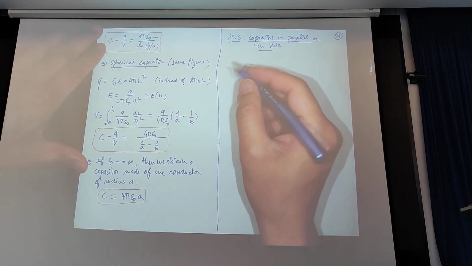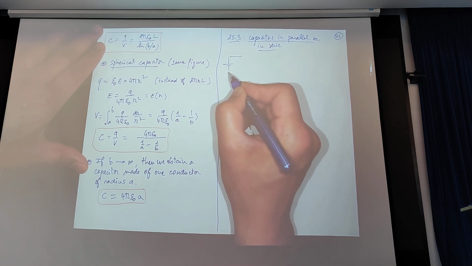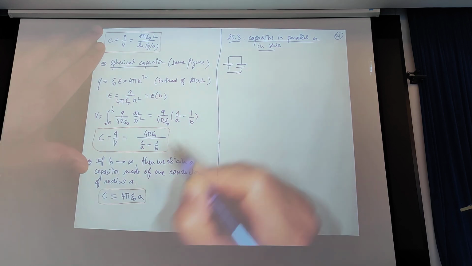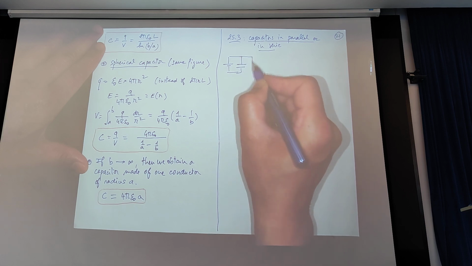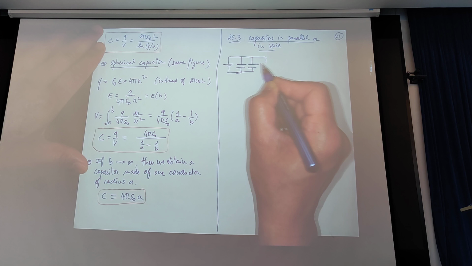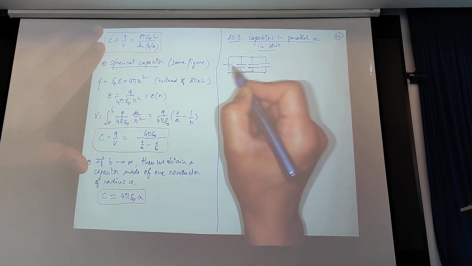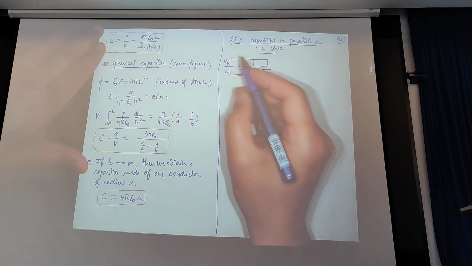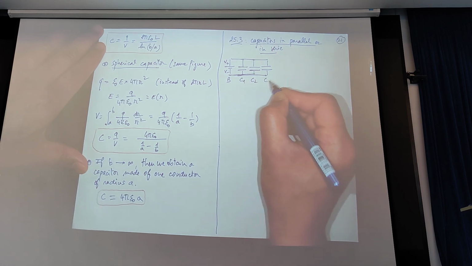Imagine that we have a battery connected to a first capacitor, and then a second capacitor, and then a third capacitor. So this is V plus, this is V minus. This is a battery, this is C1, C2, C3.